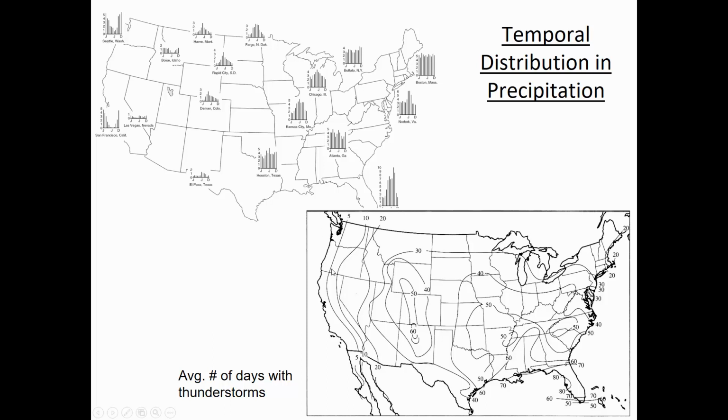This isn't just the days with rain, because for Seattle, a graph of the number of days of rain would probably be in the 300s or something. Thunderstorms involve rapid elevation of that moist air. So what's lifting it really quickly is more common in the central part of the United States and down off the Gulf Coast. So temporal means time.